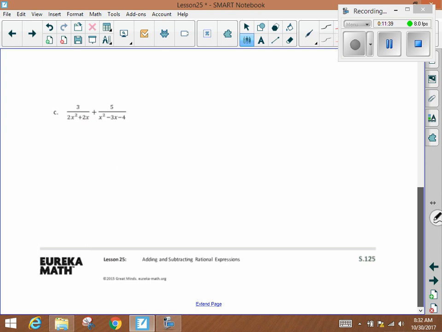I could make my common denominator 2x squared plus 2x times x squared minus 3x minus 4, right? I could make it this times this. It wouldn't be wrong, but you would have so much extra work to do. We're going to save ourselves a lot of time and energy if we rewrite this and factor these denominators.